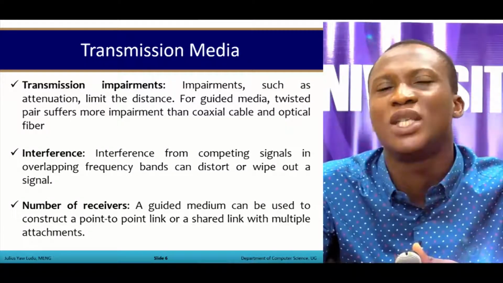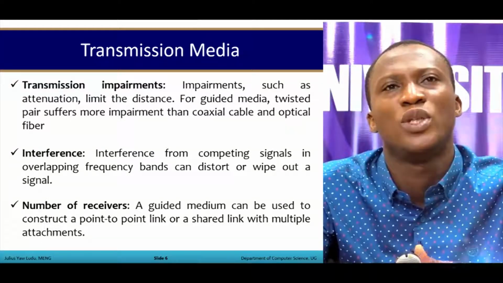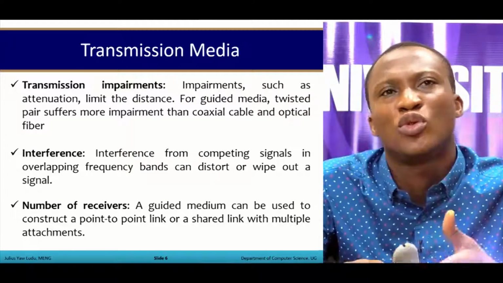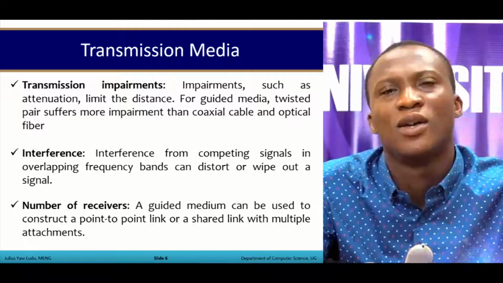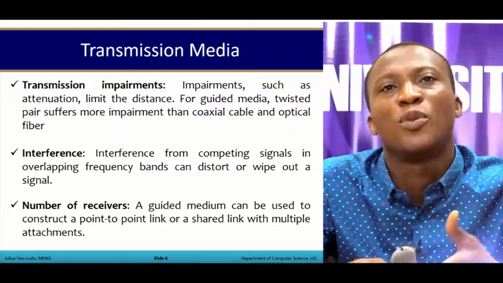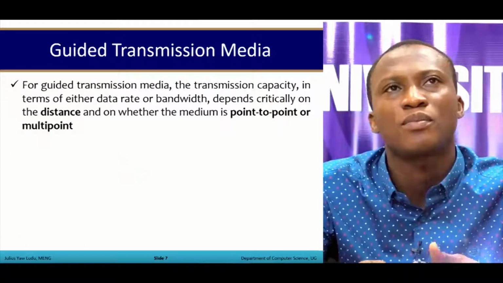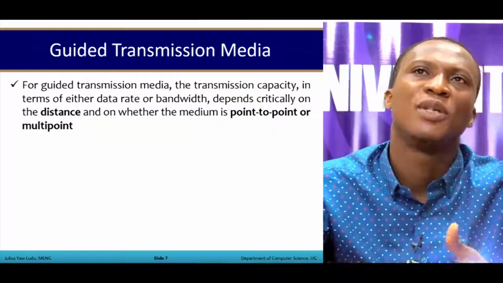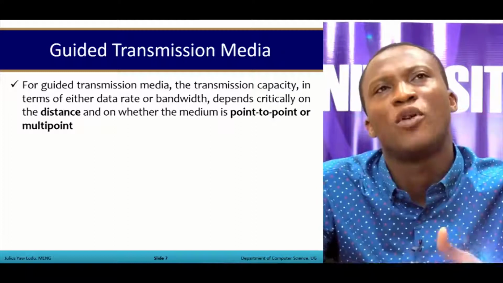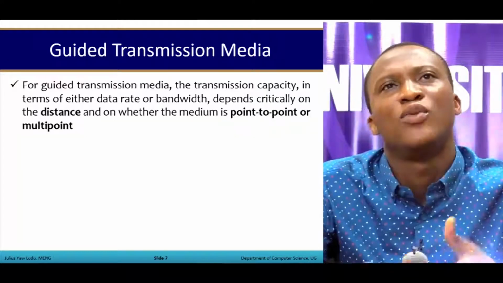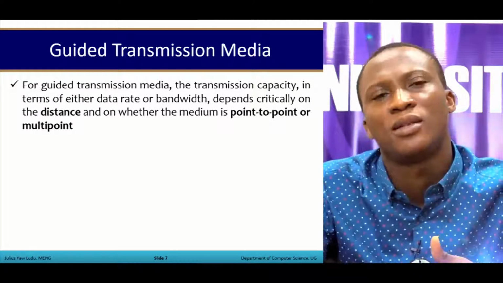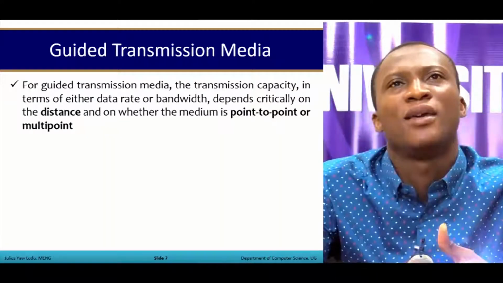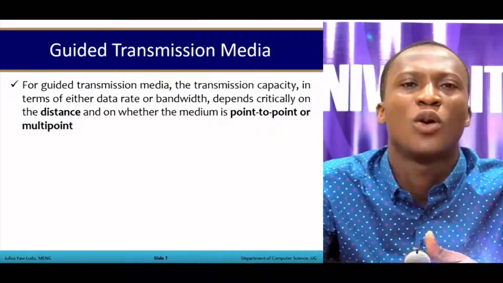Then there is the number of receivers. A guided medium can be used to construct a point-to-point link or a shared link with multiple attachments. For guided transmission media, the transmission capacity in terms of either data rate or bandwidth depends critically on the distance and on whether the medium is point-to-point or multipoint.